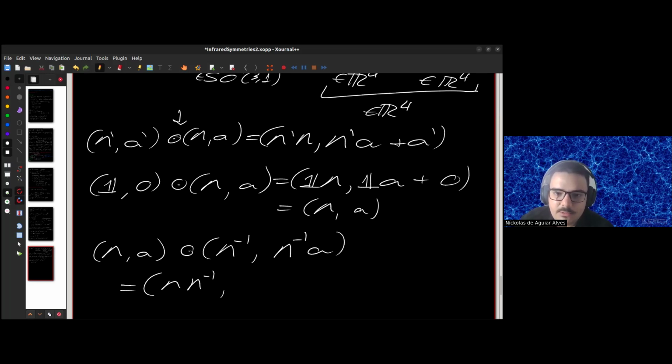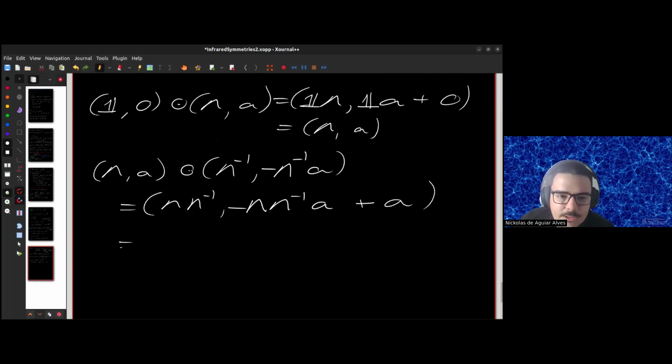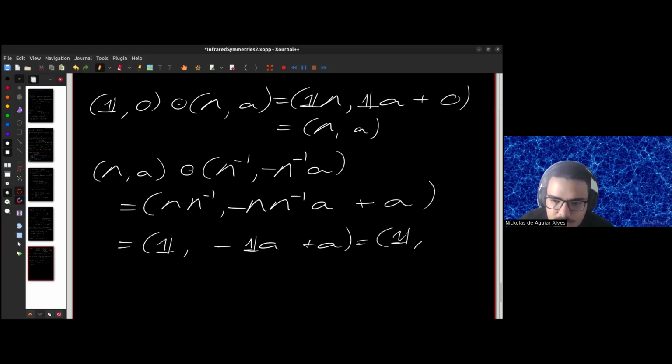Then we have lambda times lambda minus 1 times A plus A. Okay, I missed the minus sign here. There's a minus sign here. And then we get the identity minus the identity times A plus A, and this is exactly the identity, 0, which is the identity of the Poincare group.